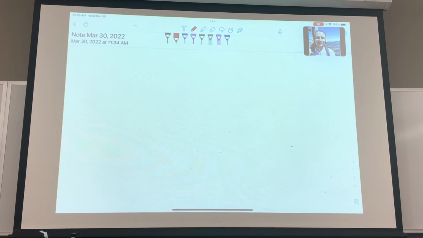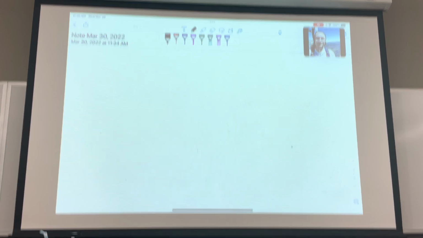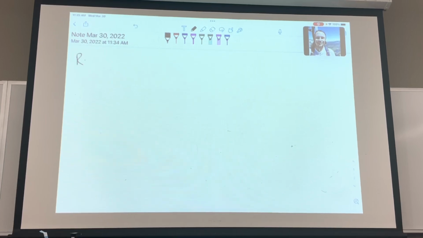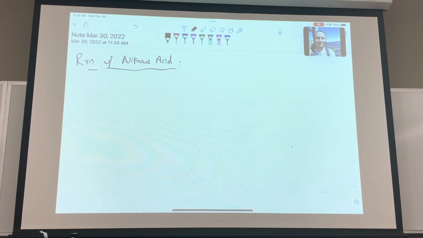And so the only thing that we have left to talk about in the amines chapter is this final reaction with nitrous acid. This might test your Gen Chem nomenclature skills for a second.